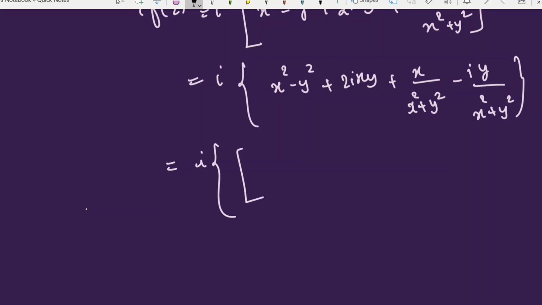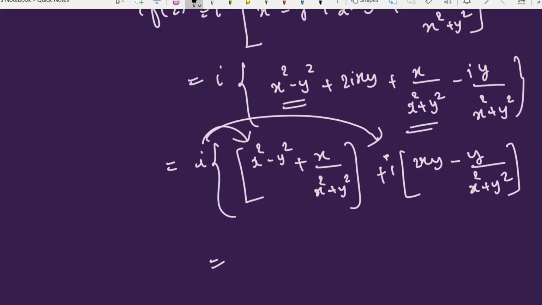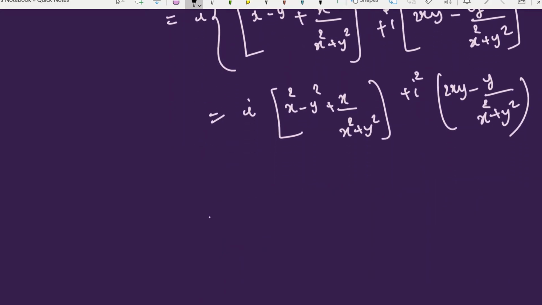So what is my real part? This one, x square minus y square, and this one plus x by x square plus y square. What is my imaginary part? 2 times of xy minus y by x square plus y square. Now multiply this i along with this expression. So i times x square minus y square plus x by x square plus y square plus i square times 2xy minus y by x square plus y square. So i square value is minus 1.